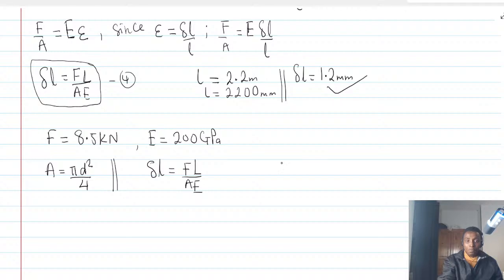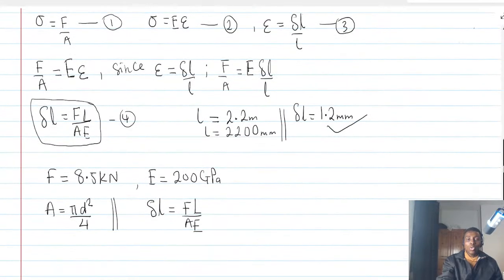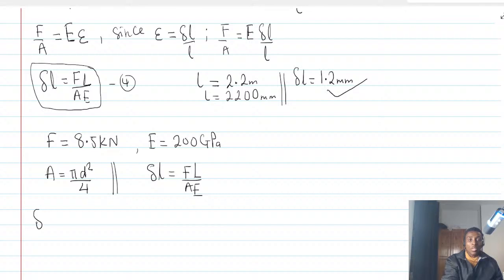Now we know the elongation as 1.2 millimeters, right? Now we know that the force is 8.5 kilonewton, and the actual length is also 2200 millimeters.